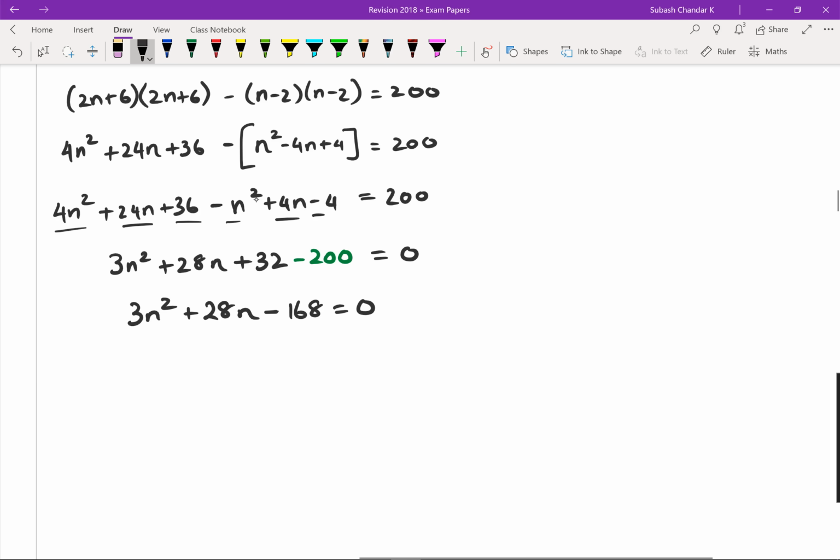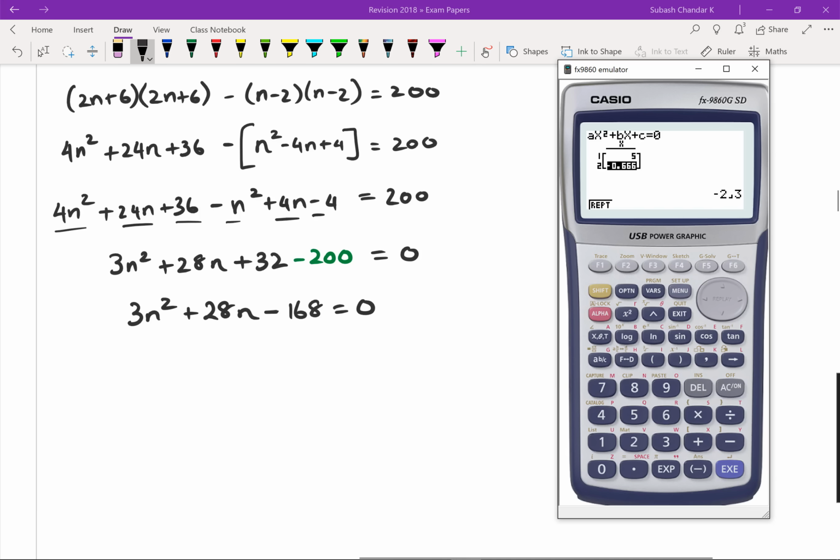At this point, I need to solve for n. I'm not going to waste my time trying to factorize this, guys. I'm just going to go straight into the calculator and put in 3, 28, negative 168, and my two solutions are 4.15 and minus 13.49.